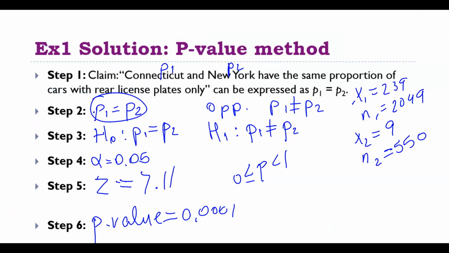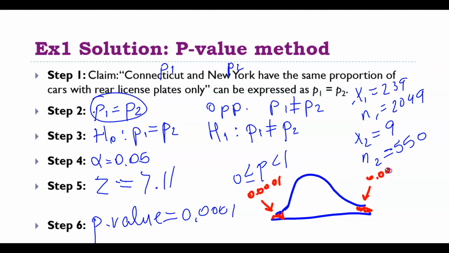Before we proceed to the next step of making a decision, let's think about it. We have the test statistic that is equal to 7.11. The test is a two-tailed test. Therefore, our p-value is going to be in two tails. But even though we multiply 0.0001 by 2, it will still make only 0.0002, which is much less than our alpha of 0.05.